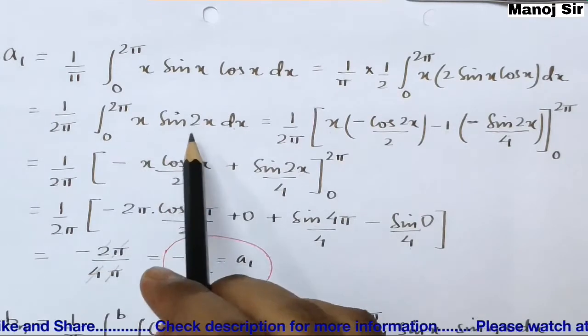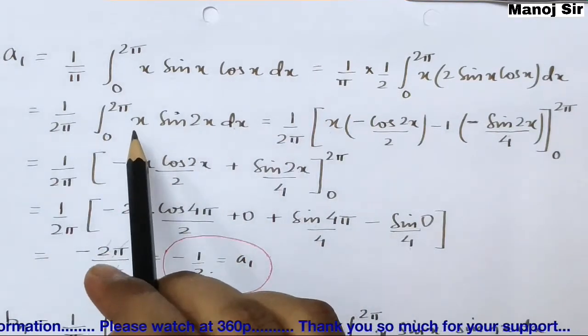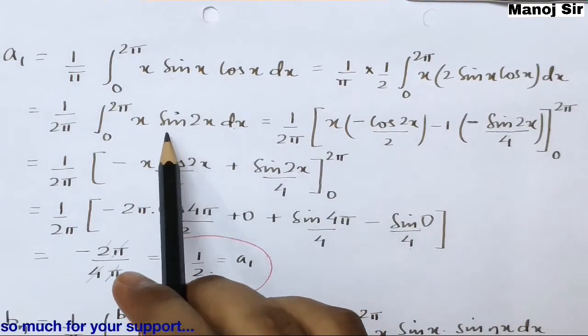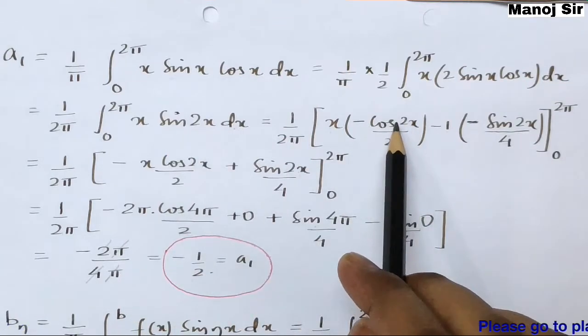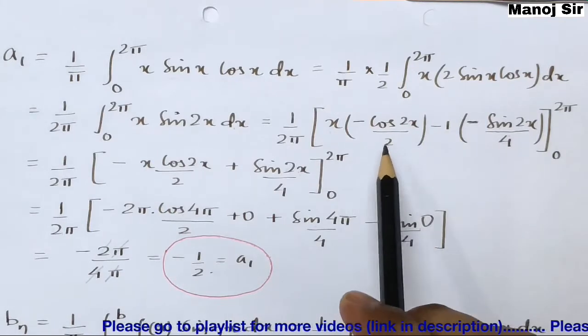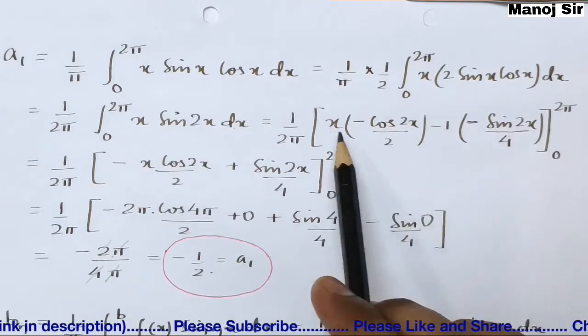We will integrate this part with the help of the chain rule. So 1 upon 2 pi is as it is, the first function is as it is, simply integrate the second function, that is integration of sin will become minus cos. So this is going to be minus cos 2x upon the coefficient of x, that is 2, in the denominator. Now again, first term positive, second term would be negative.